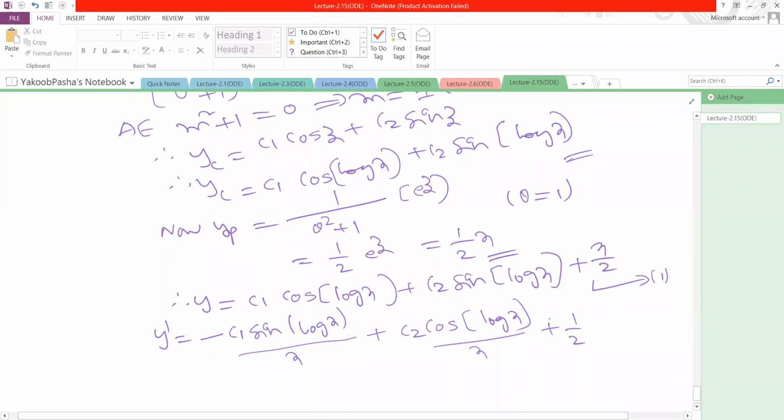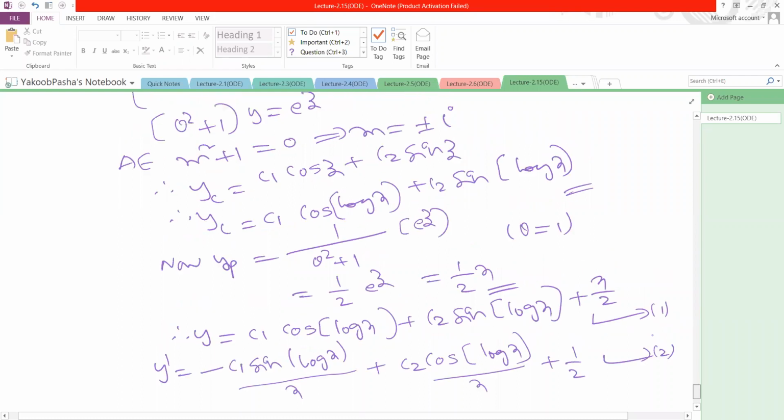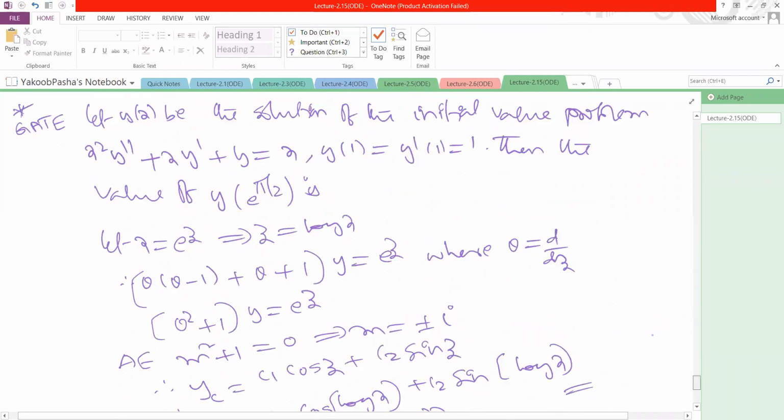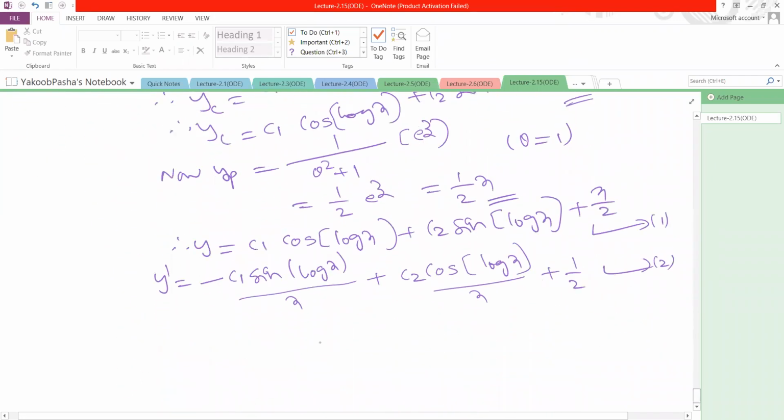Okay, this is equation number 2. Now apply the boundary conditions, y of 1 equal to y dash of 1 equal to 1. First I am applying y of 1 is equal to 1.